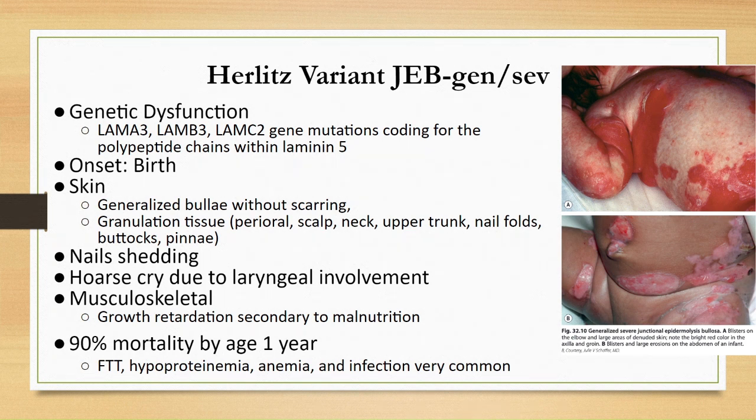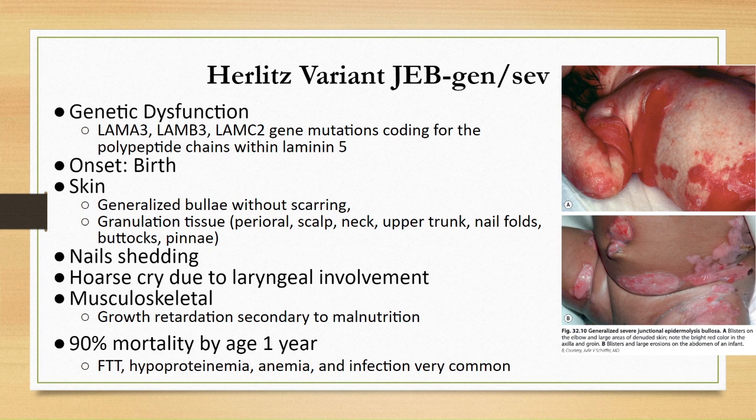What you're going to see here is the onset is pretty rapid at birth. The skin, you're going to have generalized bullae without scarring, but there is going to be a significant amount of granulation tissue, and that can help clue you in to JEB specifically. Nail shedding is more prominent in this disorder as compared to the previous, so look out for that. A hoarse cry. These patients will have a hoarse or abnormal cry due to laryngeal involvement.